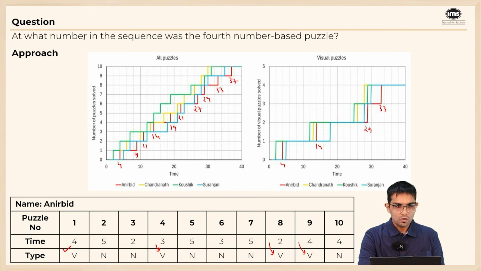We are asked in what sequence the fourth numbered puzzle was. So the visual puzzles are 1st, 4th, 8th and 9th. So this is the first numbered puzzle. This is the second numbered puzzle, third and fourth. So the fourth numbered puzzle was actually the 6th question. So the 6th question is the correct answer.